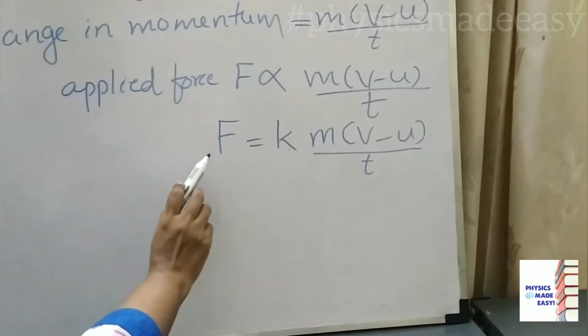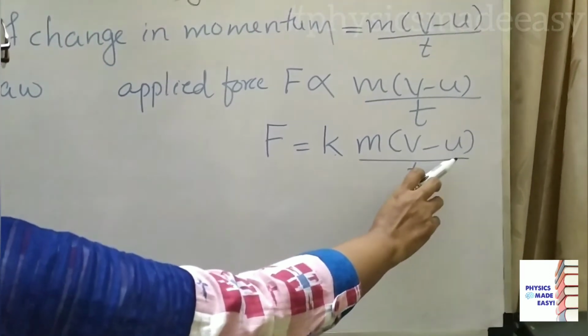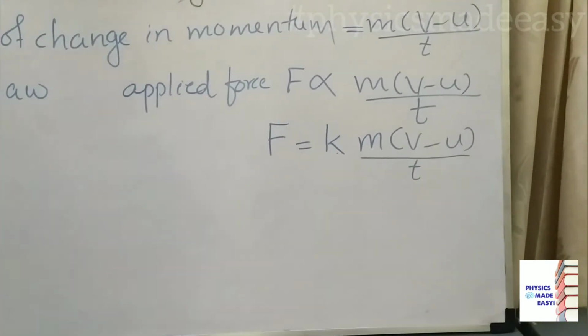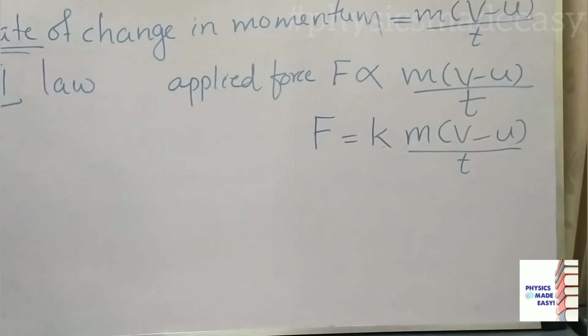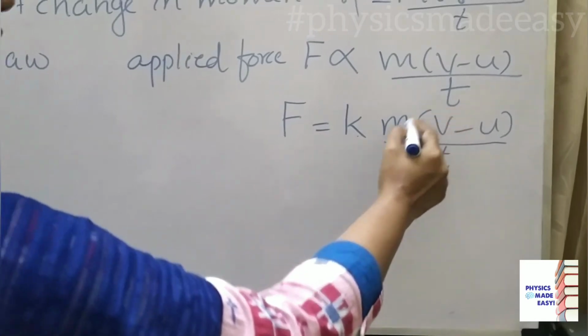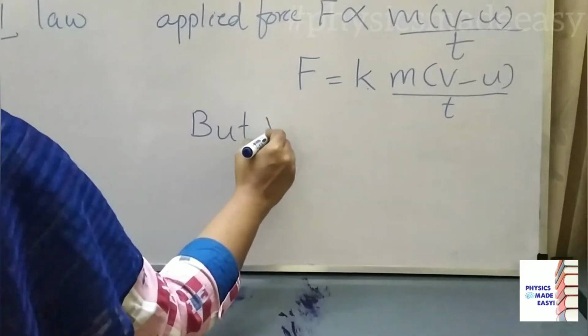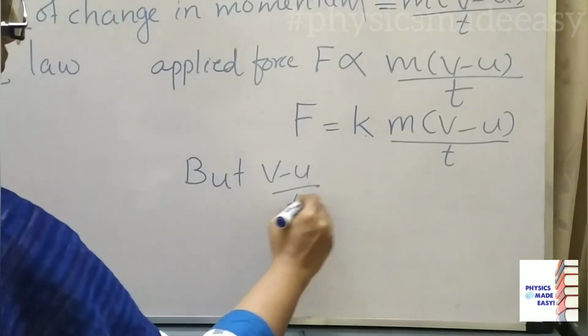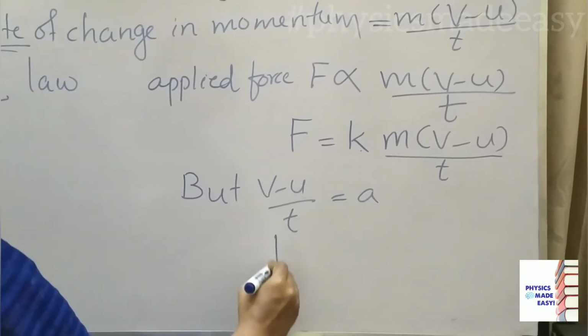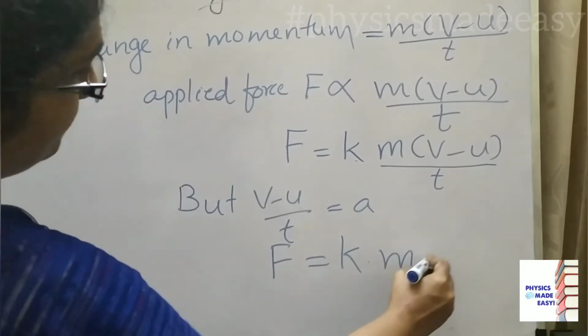So here F is equal to k into m into v minus u divided by t. This k is proportionality constant. Clear children? But you know this v minus u by t is acceleration. Then we can write this as F is equal to k into m into a.